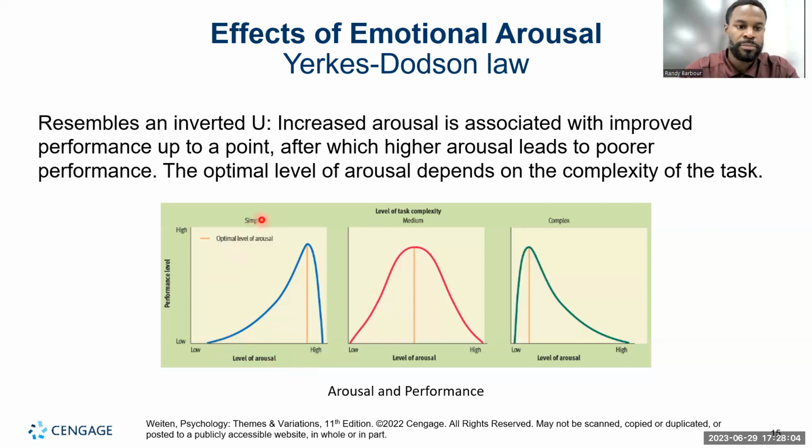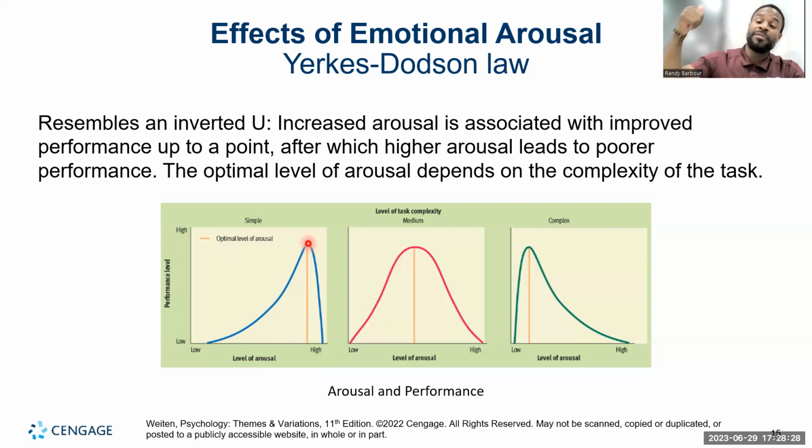This is a simple task, he's not throwing that hard, right? So maybe it's easy to hit the ball, right? But again, you start off with low arousal, you start off with low performance. It takes a little more arousal to get your performance to improve. Okay. And this is your optimal level of performance right here at the top, right?